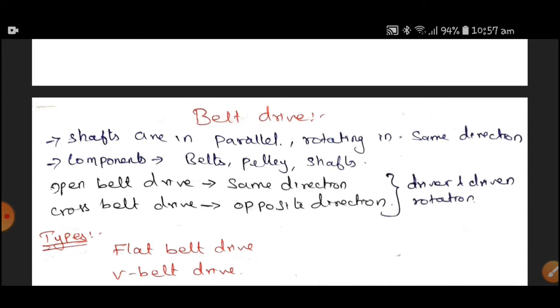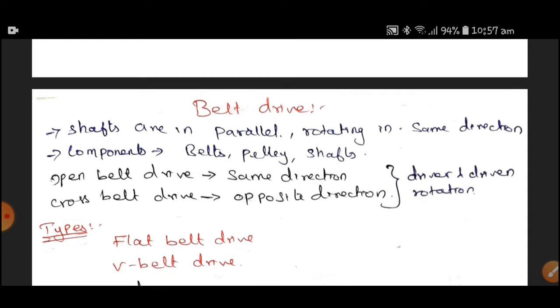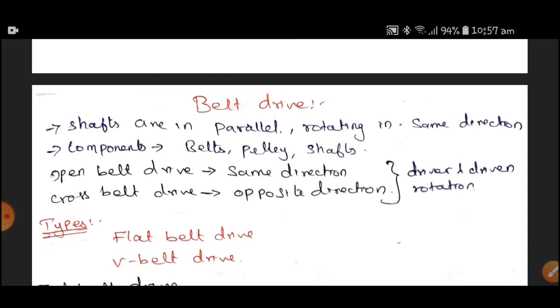There are two different types of orientation in the belt drive, which are open belt drive and crossed belt drive. The main difference is in the open belt drive, the driver and driven are in the same direction, whereas in the crossed belt drive, it is in the opposite direction. Both can easily be seen in the planer mechanism.